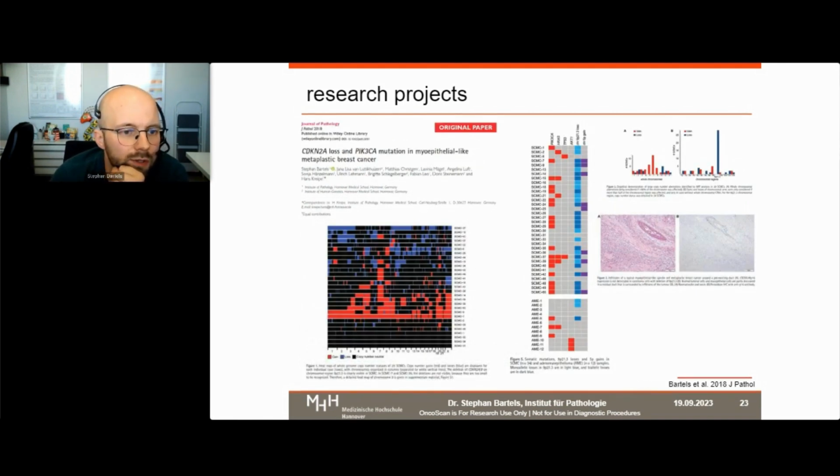So this is another study from our lab in cooperation with our human genetic department. There we analyzed a cohort of myoepithelial-like metaplastic breast cancer cases, and the ancestor lesion of these carcinomas. And we could show that these metaplastic breast cancers share PIK3CA mutations and a loss in chromosome 9 on the long arm.